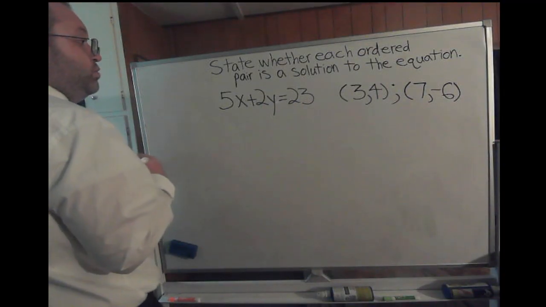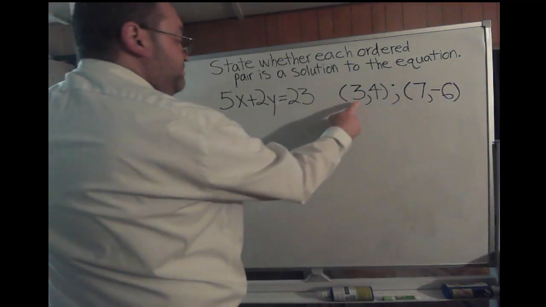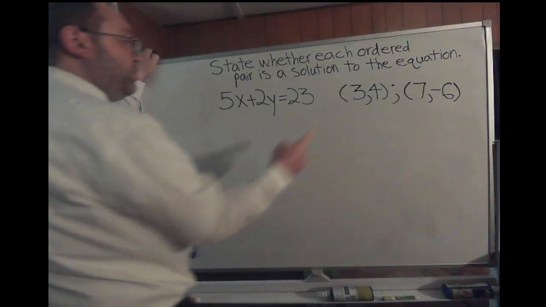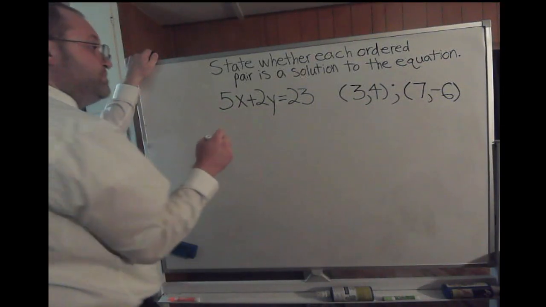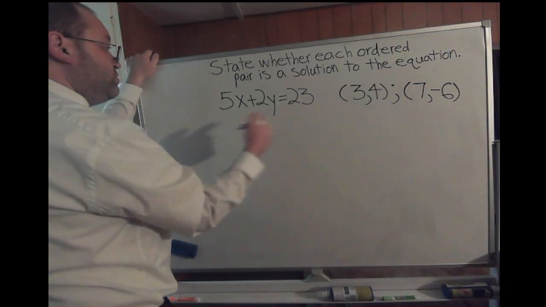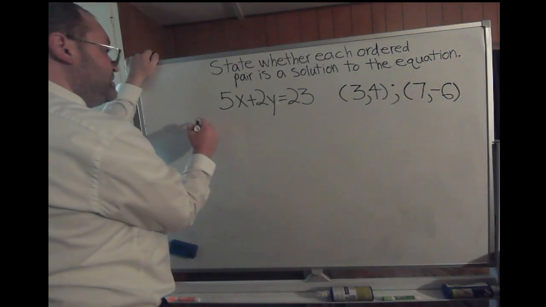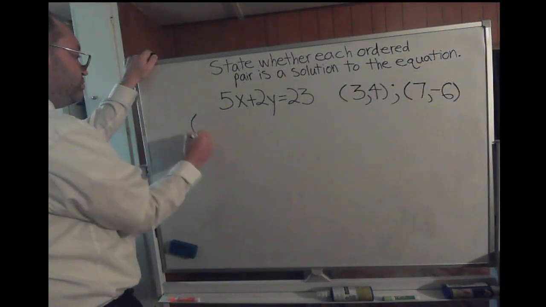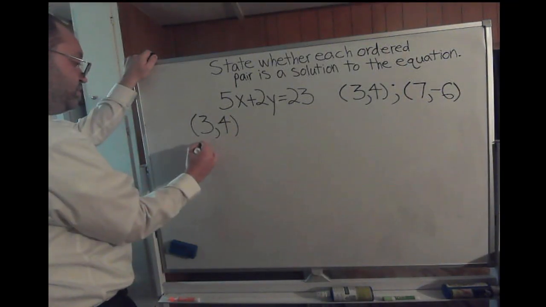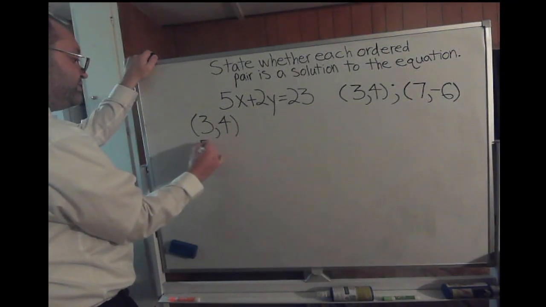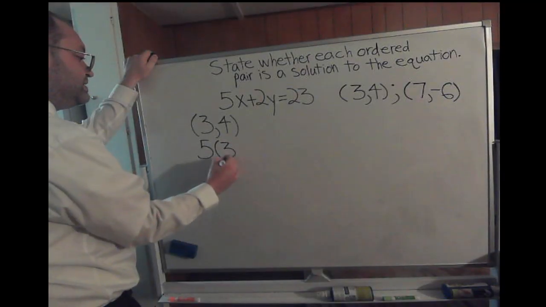So what you got to do, you have your first coordinate 3, 4. Your x coordinate's 3, your y coordinate's 4. You're going to take your 3, your x coordinate, put that in for x. So we're going to start with 3, 4, right? So take your x coordinate of 3, put that value in for x.